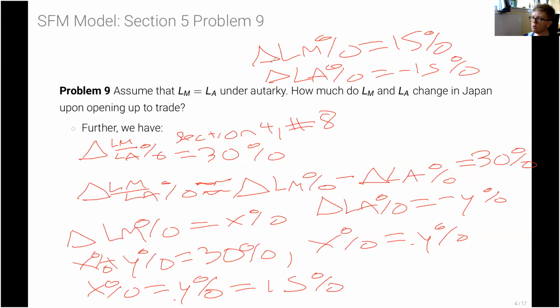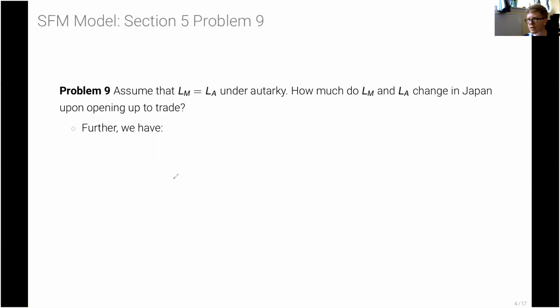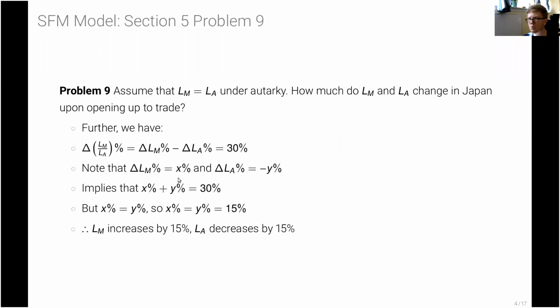Okay, and so both these changes add up to the 30% change in LM over LA that we saw last time. So how much do LM and LA change in Japan upon opening trade? We have that LM increases by 15% and LA decreases by 15%.